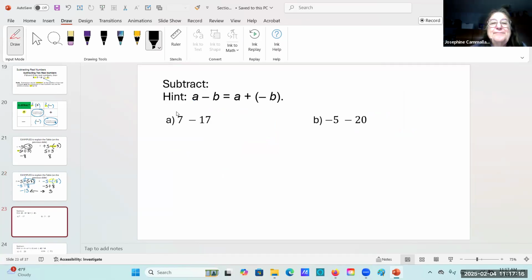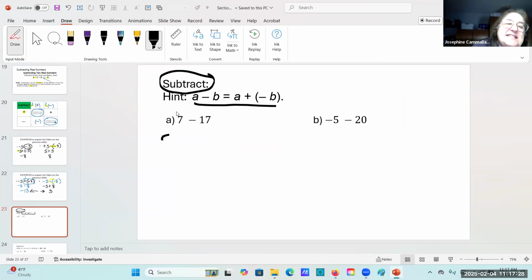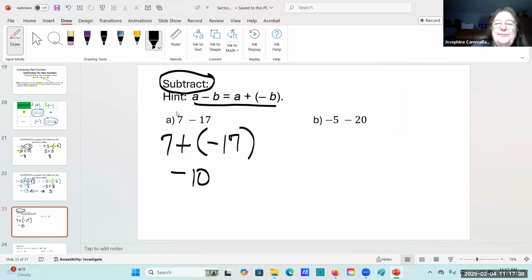Well, this is where Alex comes in. This is what they want you to think. 7 plus a negative 17 would give you a negative 10.